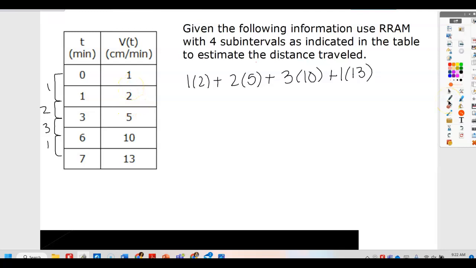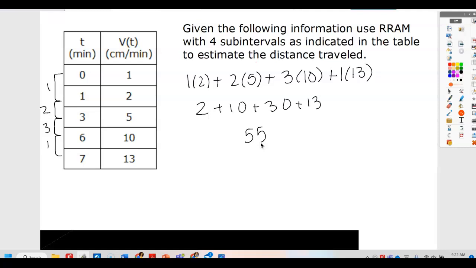So then I have 2, 10, 30, 13. 10 and 30 is 40. 40 plus 13 is 53. 53 plus 2 is 55. So that's my RRAM. I want to compare that estimate with my other problems.